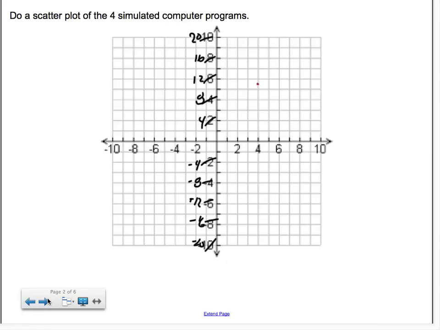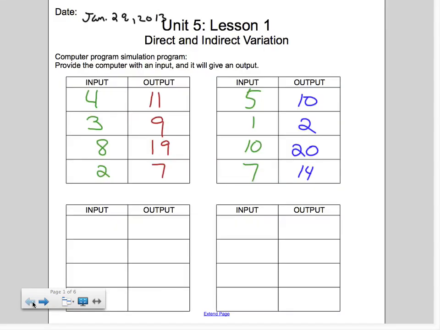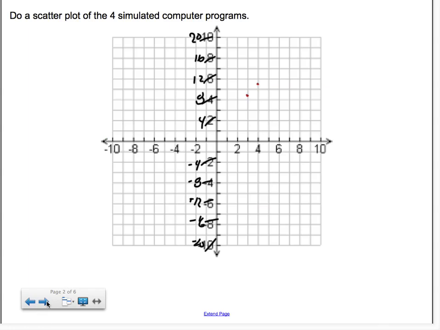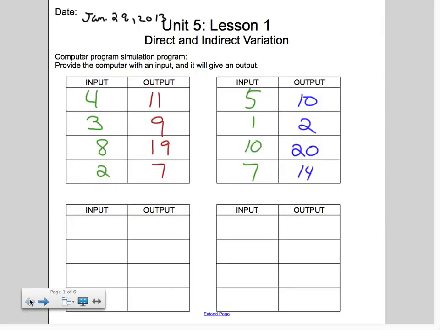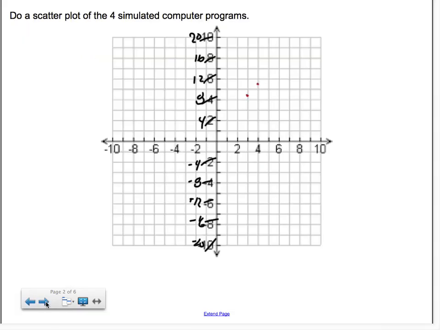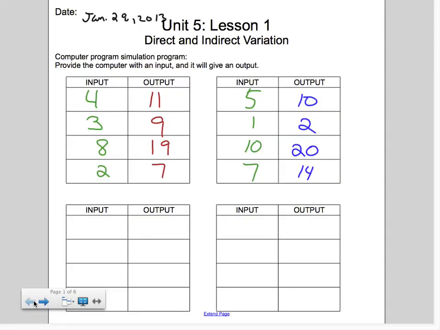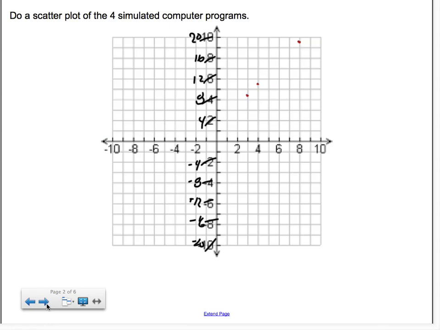Three, 9. 9, 15, 17. 8, 19. Okay, so those are the 4 dots for the first graph.